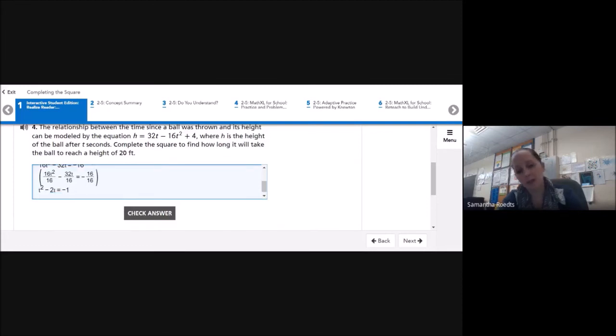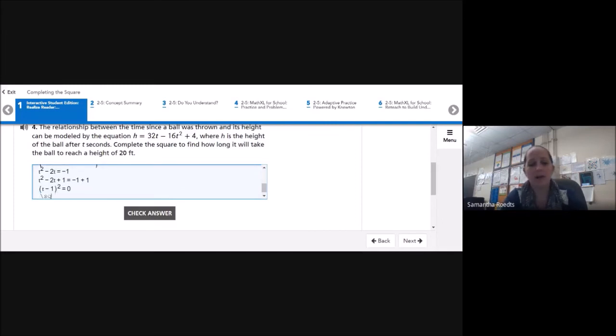Okay. To complete the square, I take negative 2 divided by 2, which is negative 1. So I have t squared minus 2t plus 1 equals negative 1 plus 1, which is 0. So I can rewrite this as t minus 1 squared equals 0.